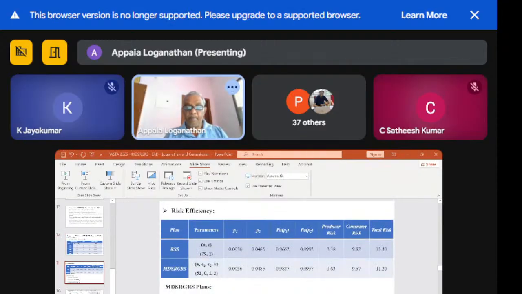And corresponding to the risk efficiency, this is the risk efficiency evaluated for comparing the efficiency of MDSR-GRS plans with the single sampling plan. Why do we compare this? Because the reliability single sampling plan is the simplest one which we use to develop. So we can see here how efficient this MDSR-GRS plan is.